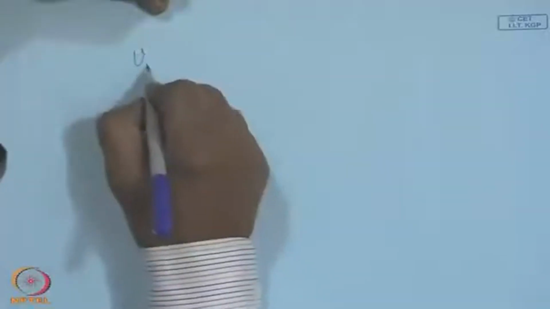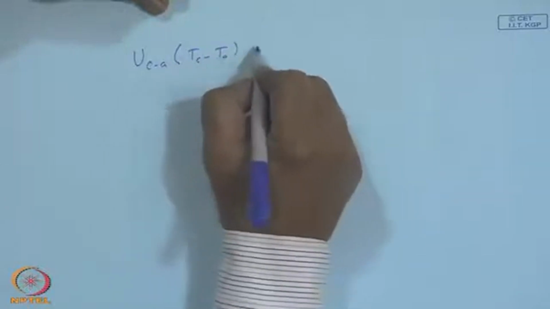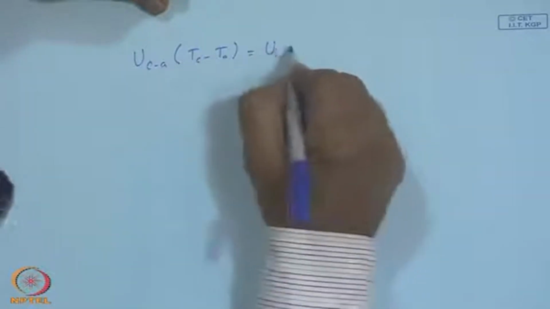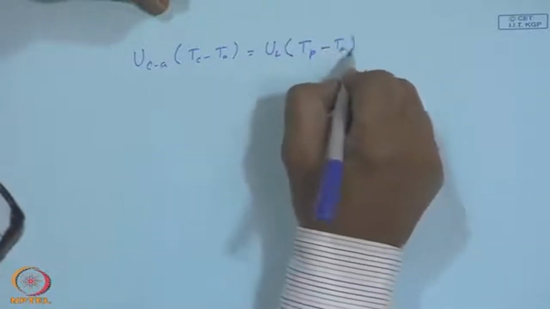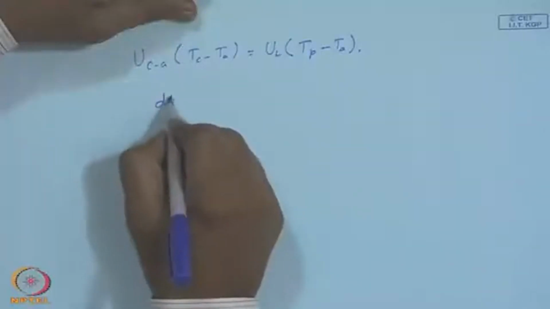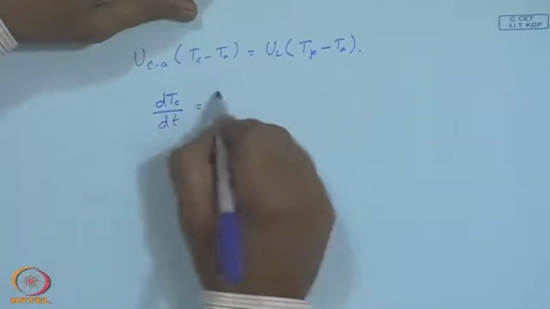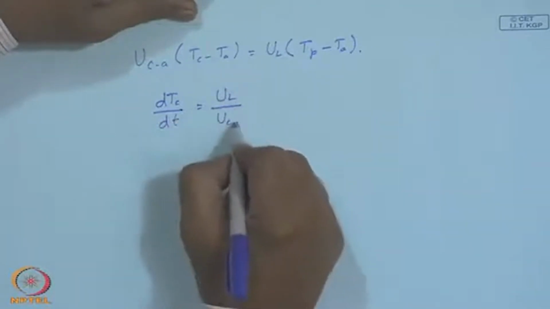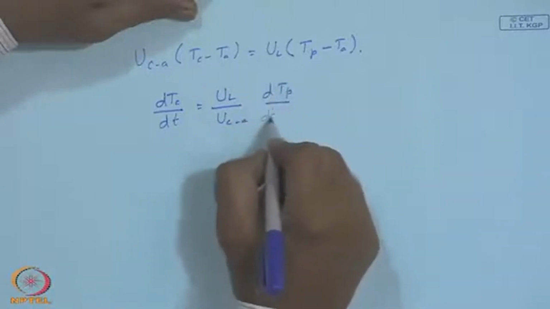So, this means the loss from the cover to the ambient, U_c times (T_c minus T_A), should be the loss in the steady state with (T_p minus T_A), U_L times that. So, you can now find dT_c/dt equal to U_L by U_c A times dT_p/dt.